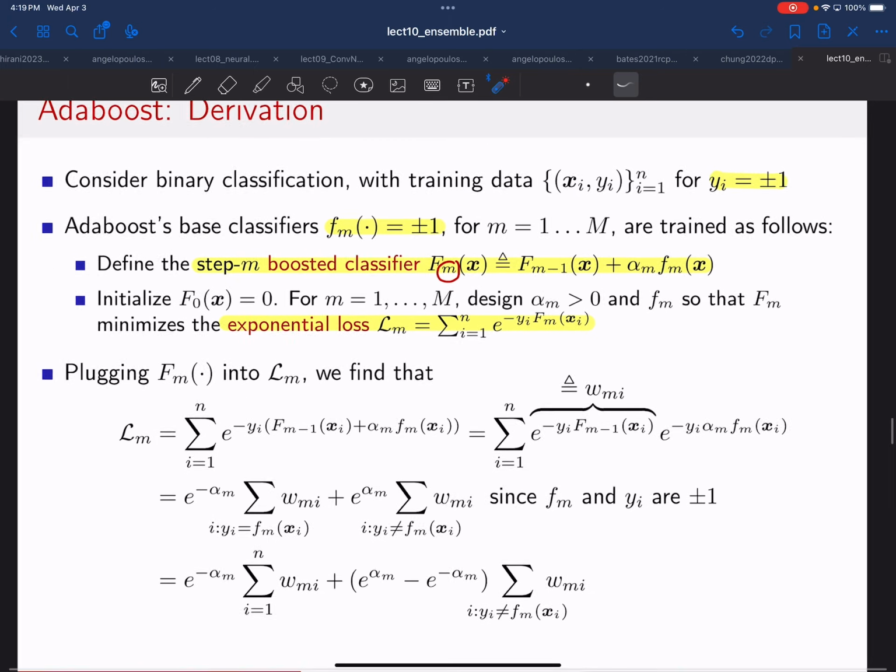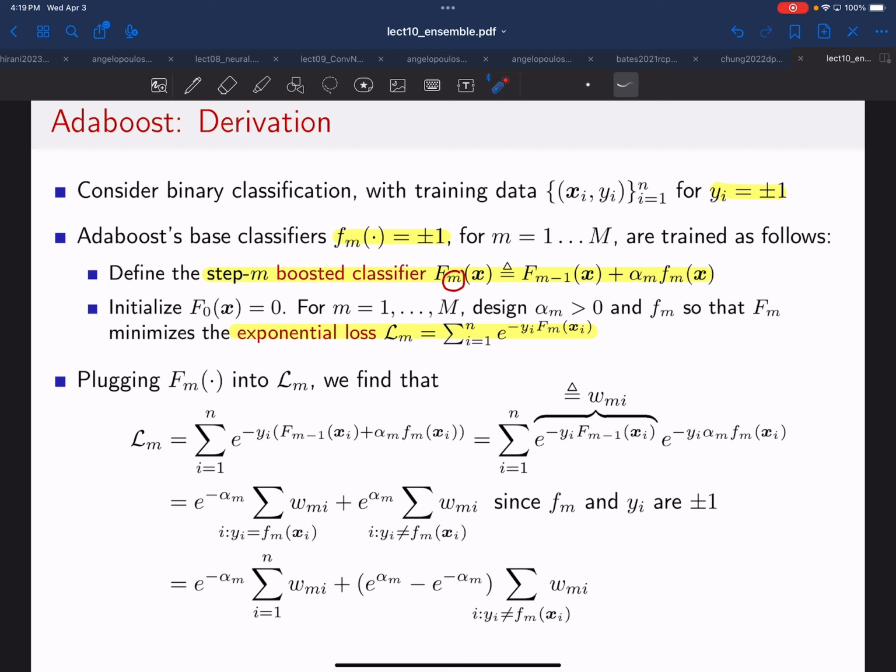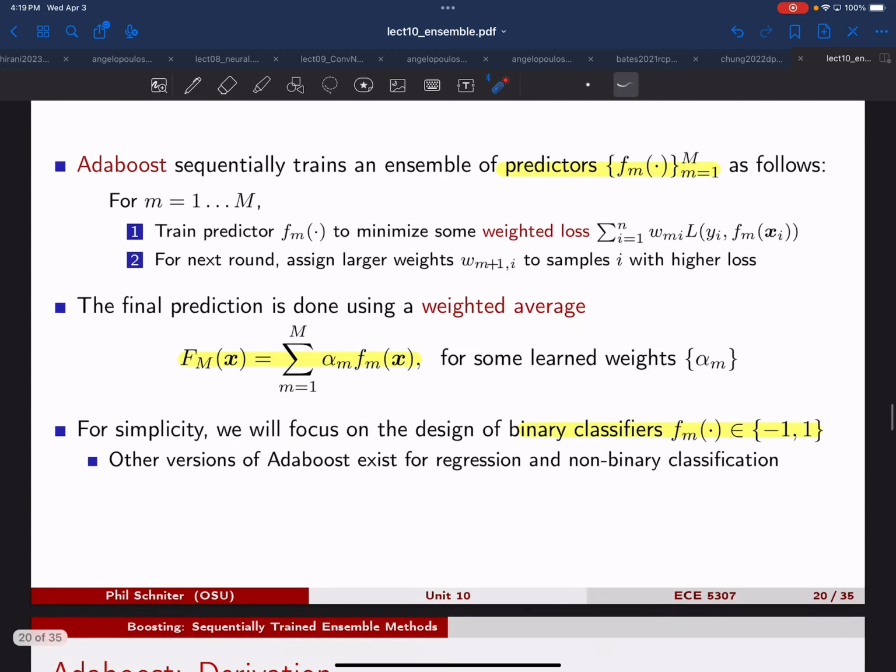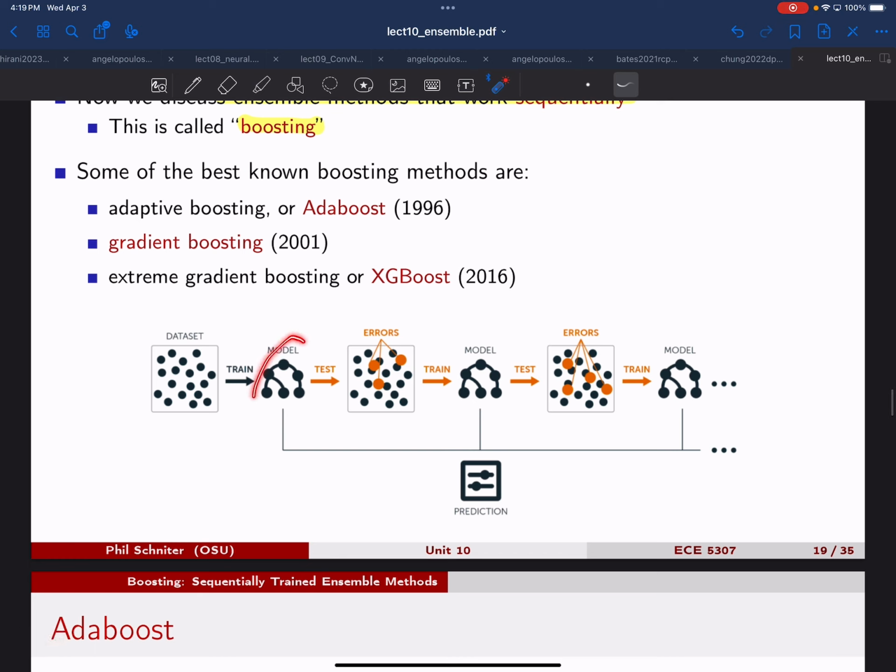Okay, so any questions on the setup? Yes. Do you have to initialize at 0? Or can you do like a stochastic gradient descent thing where you found an initial good starting point? So what we're initializing at 0 is this cumulative boosting model. So we're building up this boosted model.